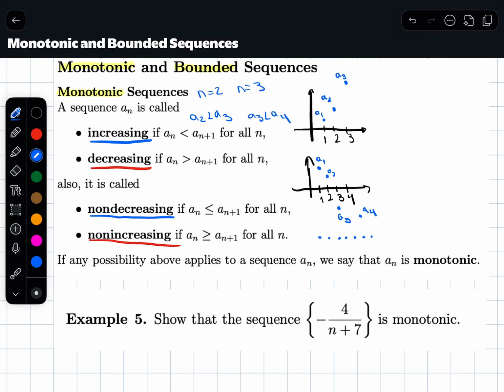In fact, that's the only sequence that's both at the same time: a constant sequence, a sequence that's always the same number, like 3, 3, 3, 3, 3, or 5, 5, 5, 5, 5. If any of those four possibilities holds, then you're going to say your sequence is monotonic.